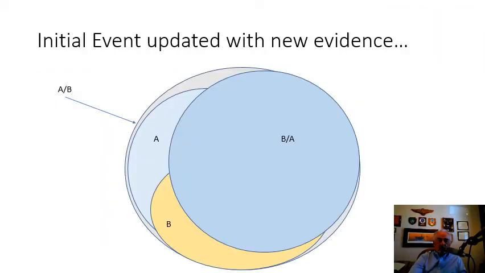And here we can say that the initial event updated with new evidence. And we can look at it in terms of what portion of reality does that exist in. Eventually, we want to know what is the complete picture concerning the conditional probability that this is real or exists.